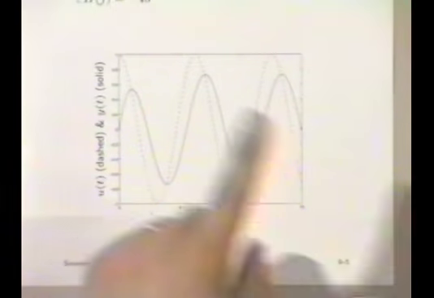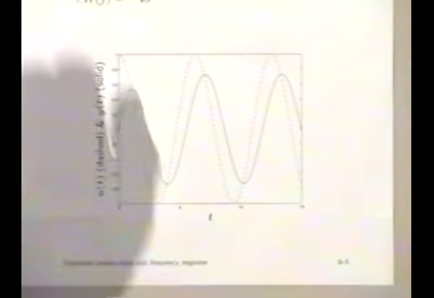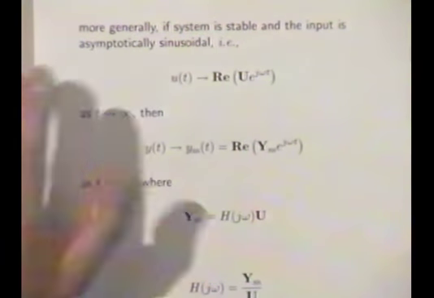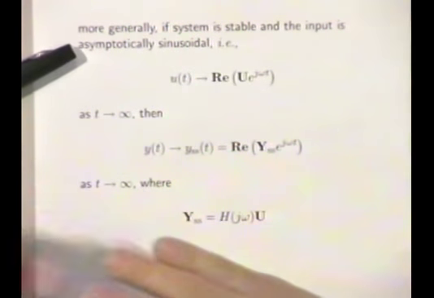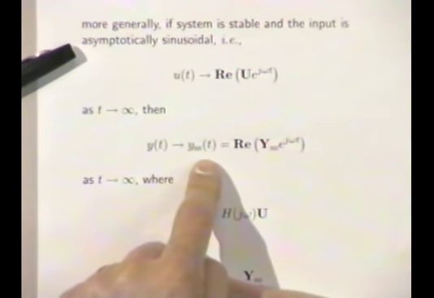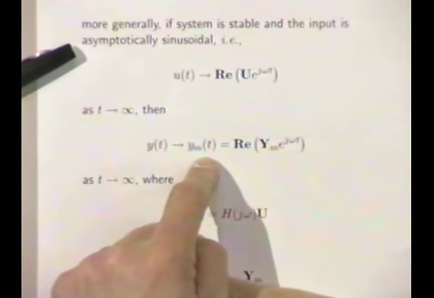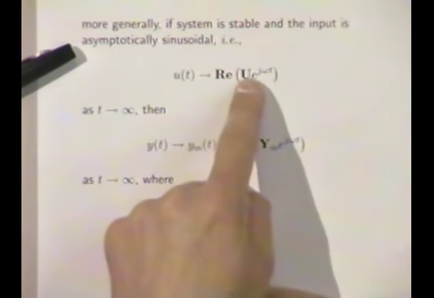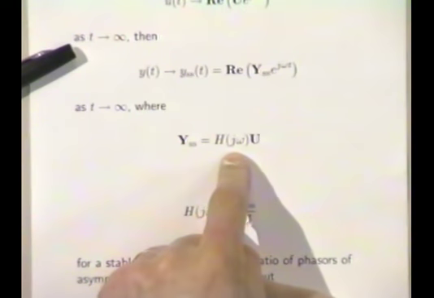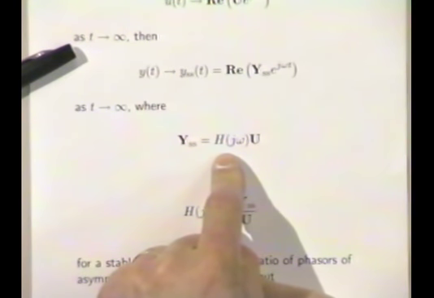Okay, so this demonstrates this idea of this asymptotic stuff. Now, more generally, if the system is stable and the input is asymptotically sinusoidal, in other words, it doesn't even start sinusoidal, but it builds up to a sinusoid or just ultimately becomes sinusoidal, then the output also converges to sinusoidal, and the phasors representing the input and the output are precisely related by the transfer function or the frequency response at that frequency.